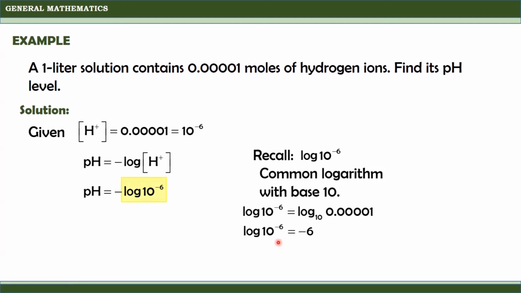Therefore, establishing that this expression is equal to negative 5, we can substitute negative 5 to this expression, giving us negative times negative 5, which is equal to positive 5. Therefore, the pH level of the 1 liter solution that contains 0.00001 moles of hydrogen ions is 5.